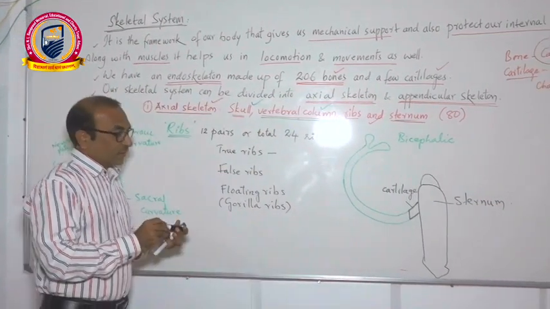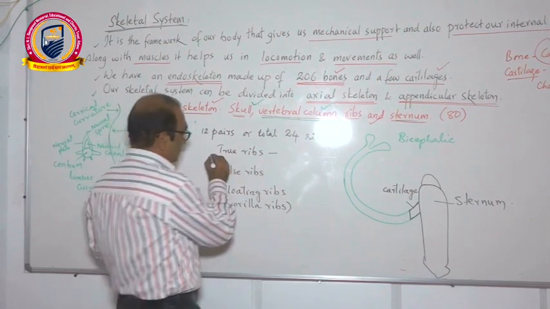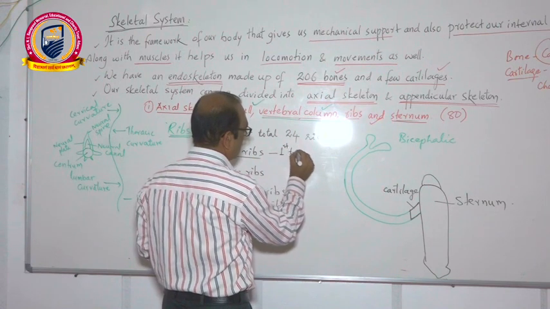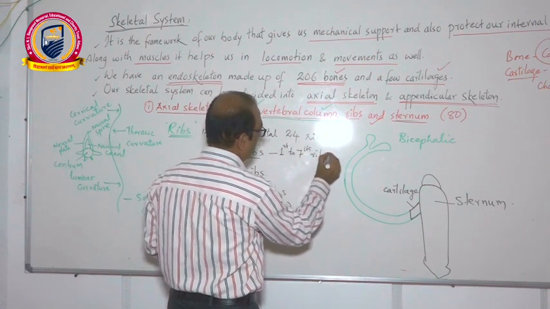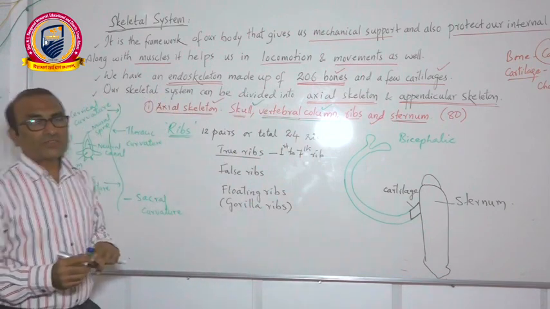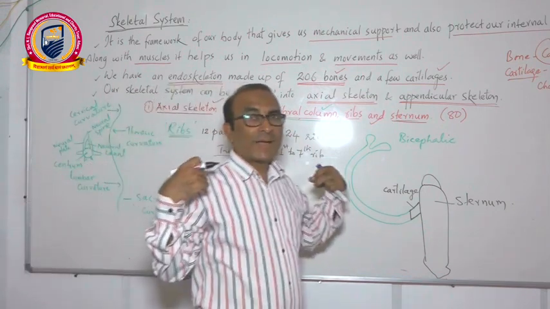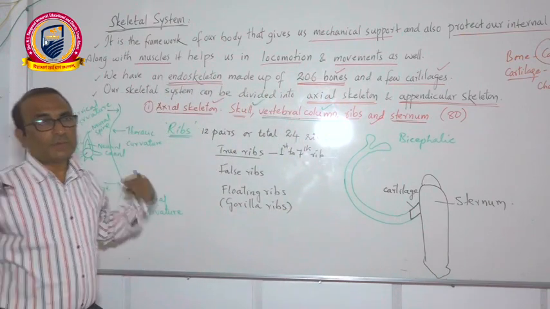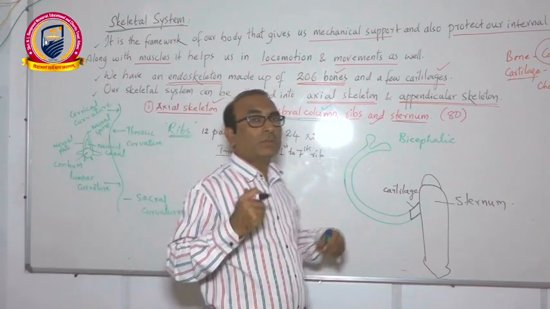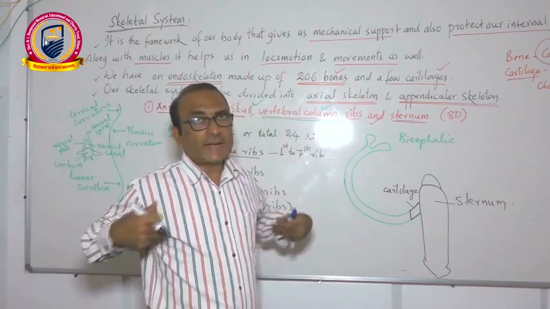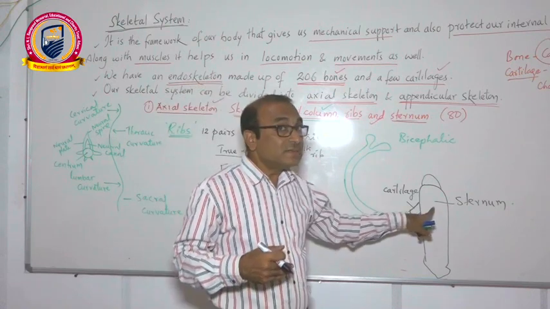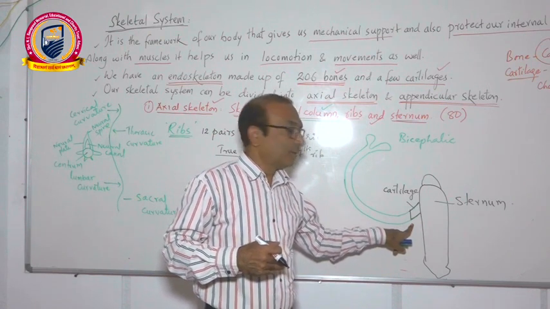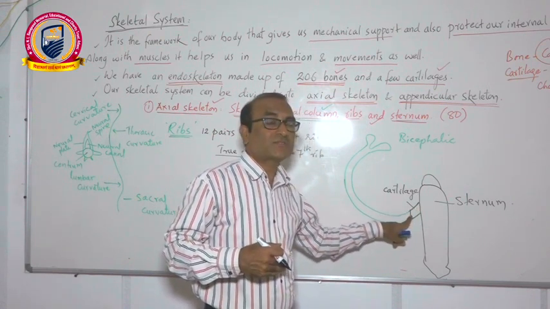So like this, the first 7 bones, first to 7th rib, are called true ribs because they are attached to the backbone, to the vertebrae, and each pair will be articulating with the backbone on the dorsal side, and on the ventral side they are attached to the sternum with the help of a small cartilage. Okay, so this is following the cartilaginous joints.